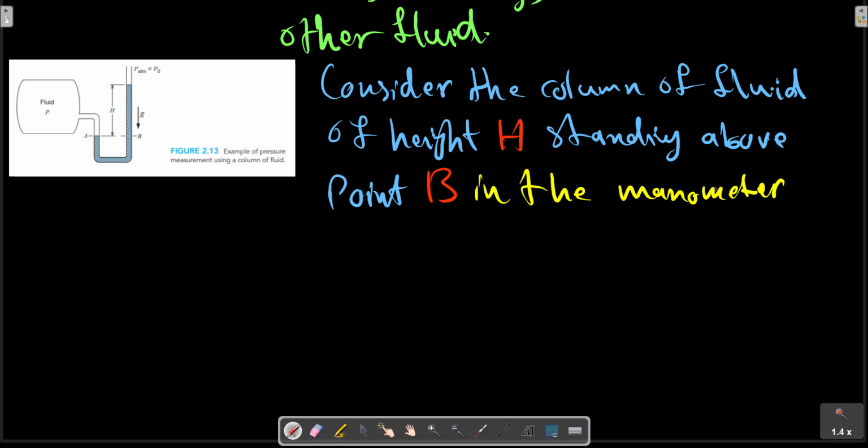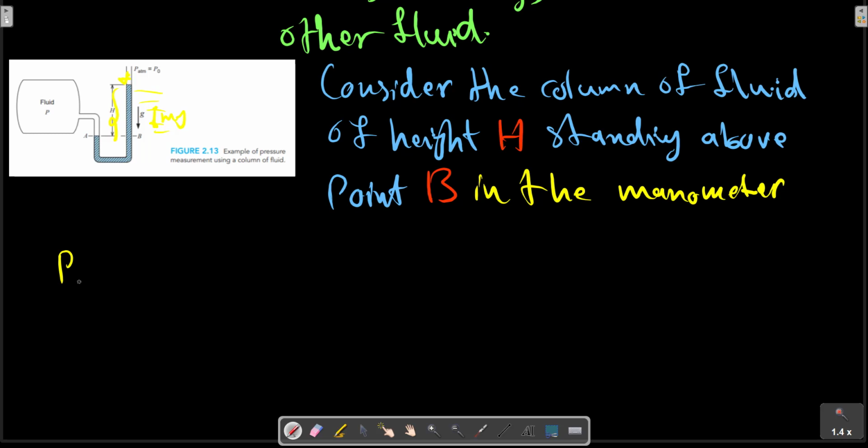The force acting downward at the bottom of the column: we have a force here and also the force from the column of the water, for example mg here.